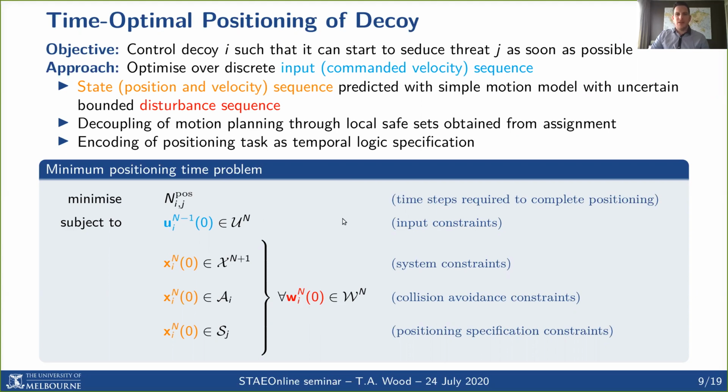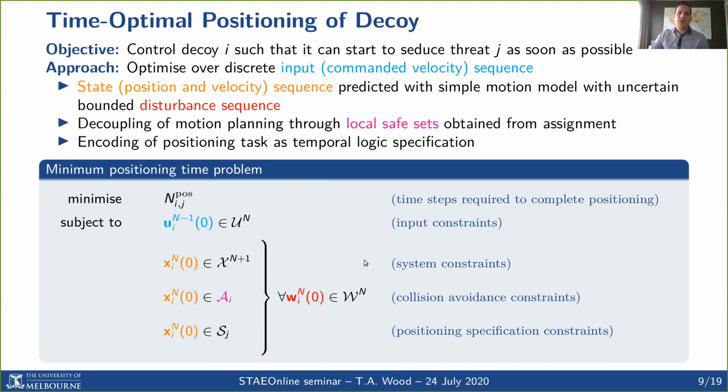So we're using a very simple model, but we'll have a robust formulation to compensate for model mismatch or uncertainties. So first, we have input constraints and system state constraints that might arise from the modeling or from physics in general, or obstacles we want to avoid, or anything else.